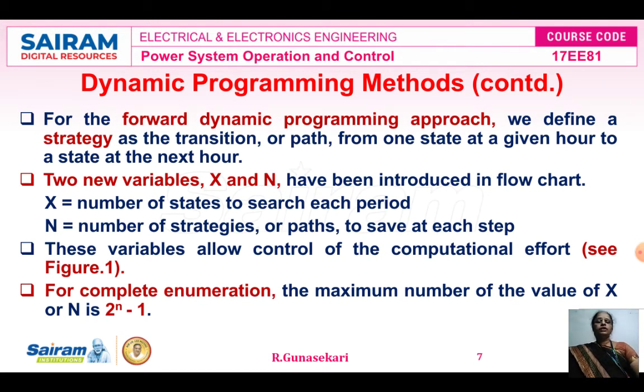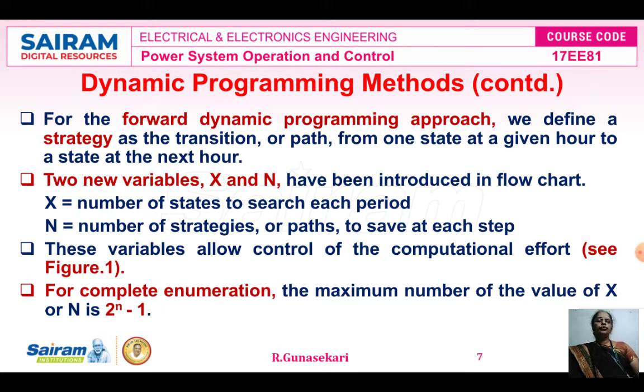Okay, now in the forward dynamic programming method, we define the strategy, that is the transition or path from one state at a given hour to a state at the next hour. Here we used two new variables, x and n, where x is the number of states to search each period, and n is the number of strategies or paths to save at each step.